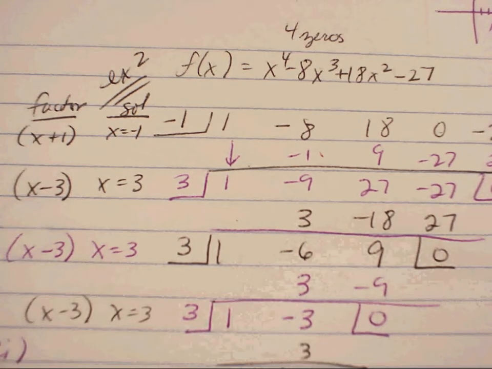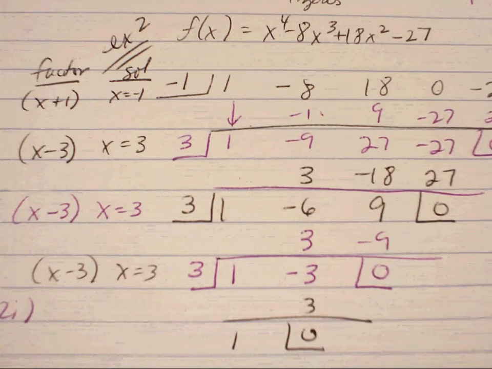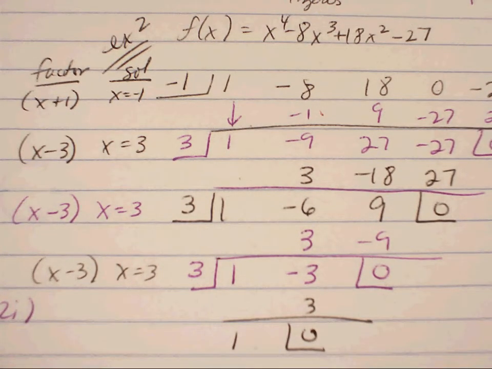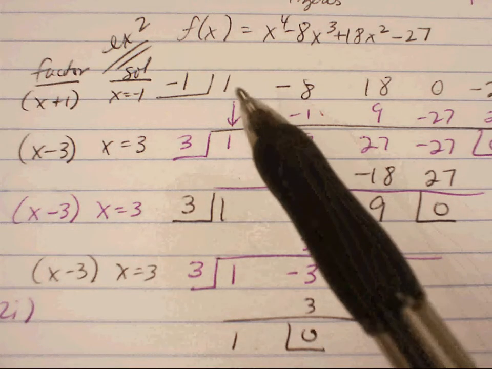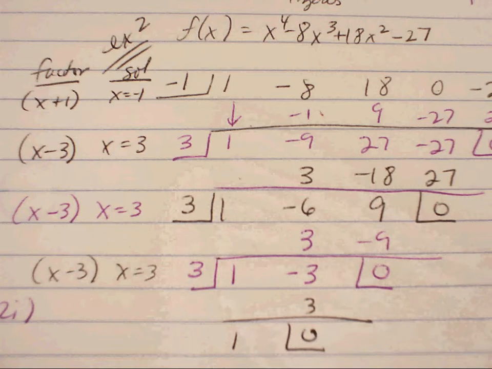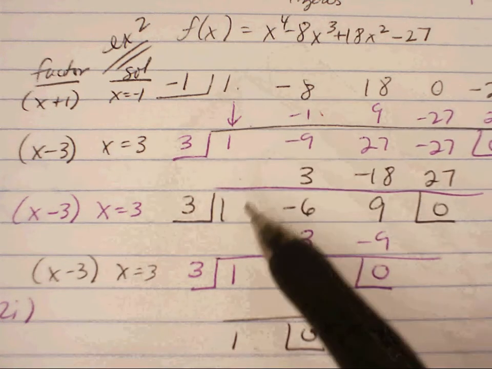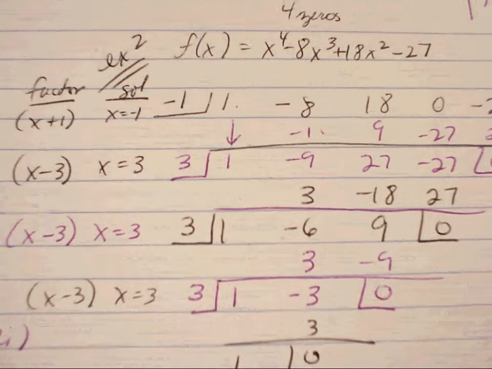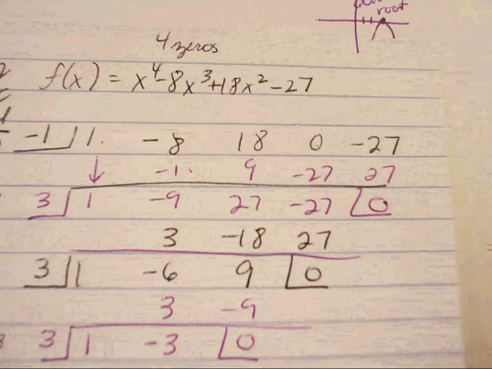Well, I'm supposed to have 4 zeros. Let's check 3 again. And sure enough, x equals 3 is another solution. What do you call it when the same number is the solution 3 times? Triple root. Nothing more complicated or fancy than that.